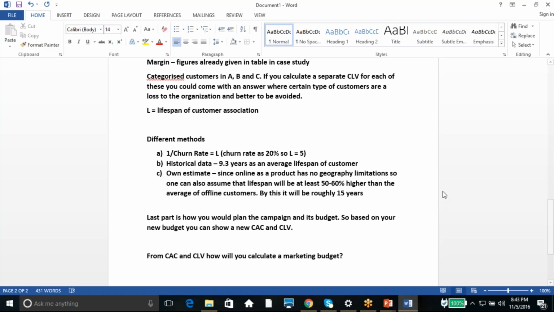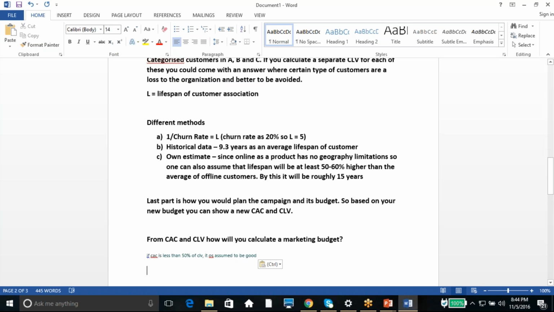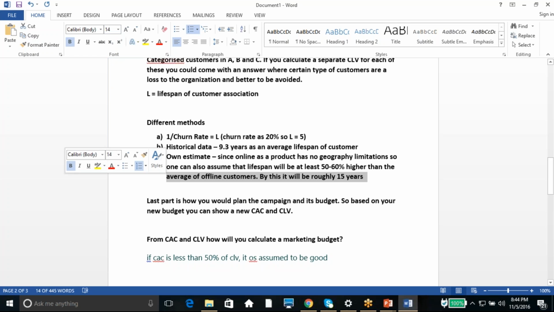Okay, so Kaustubh has given one answer here. Okay, if CAC is less than 50% of CLV, it is assumed to be good.